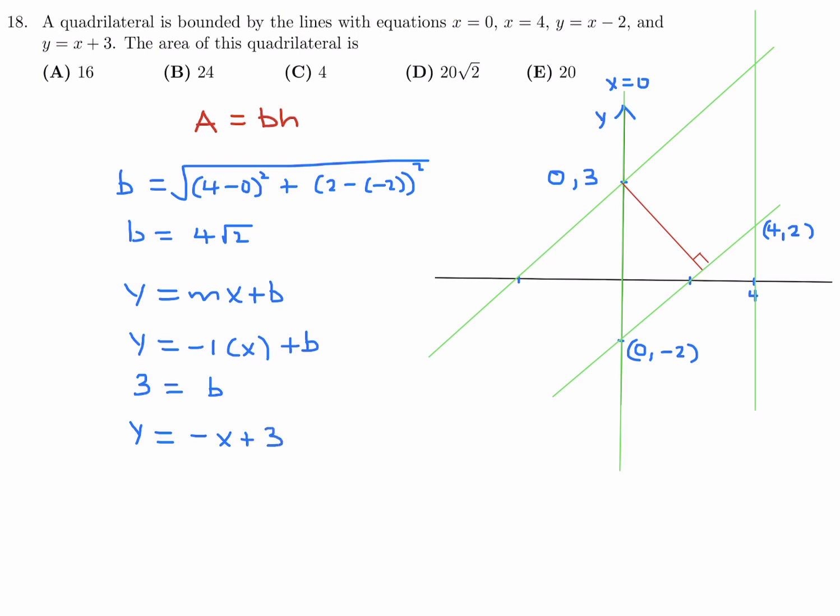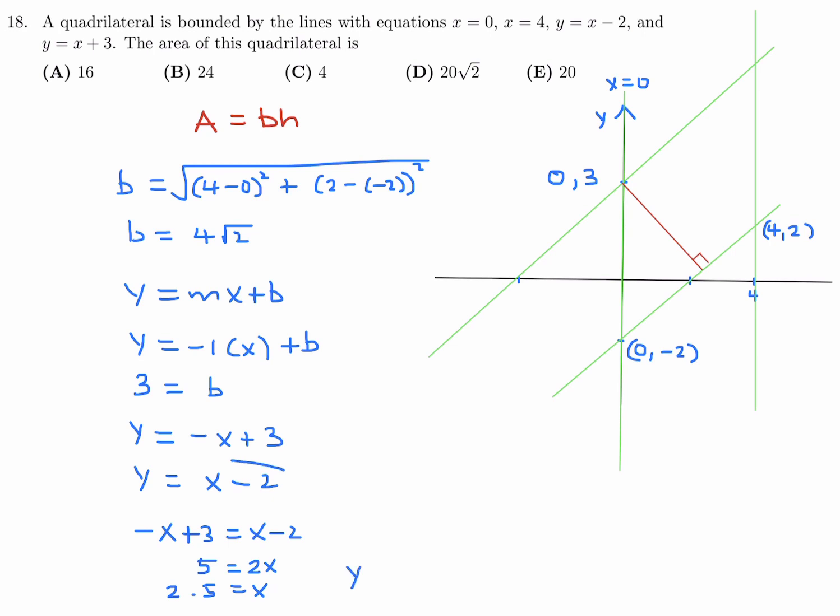All right. So now we have to figure out the intersection of that line with this line. That line was minus x plus 3, and the other line is x minus 2. So minus x plus 3 is equal to x minus 2, so that means 5 is equal to 2x, and therefore x is equal to 2.5, because 5 divided by 2.